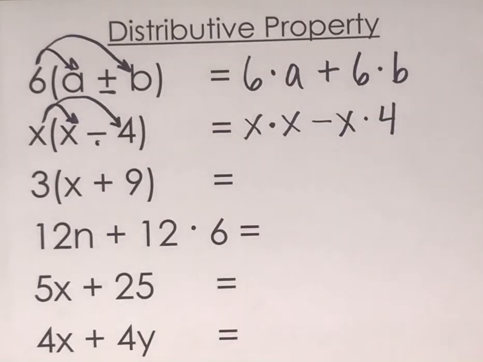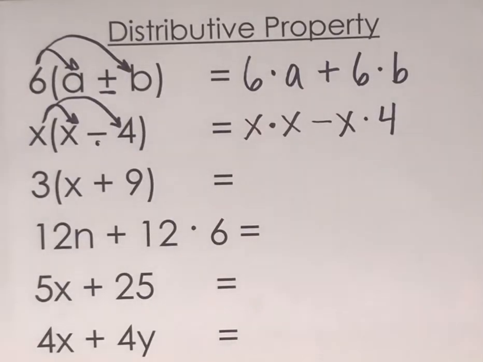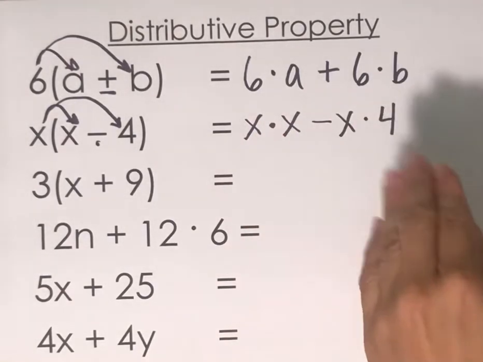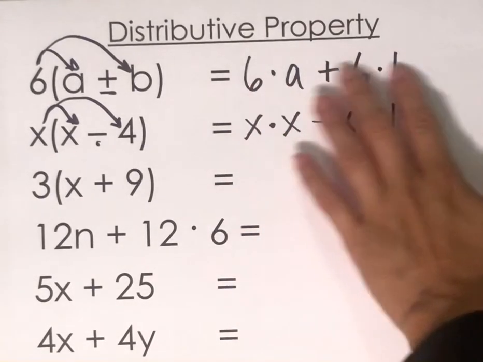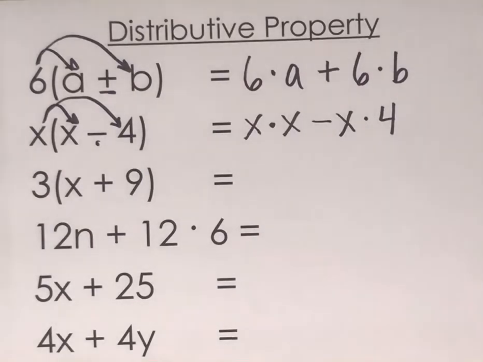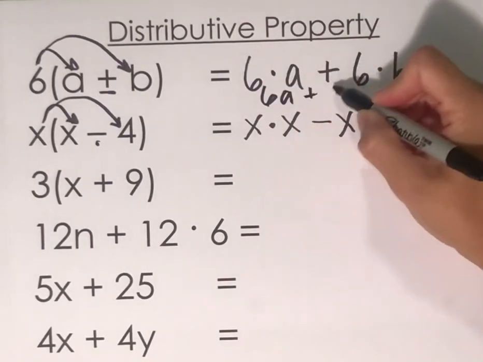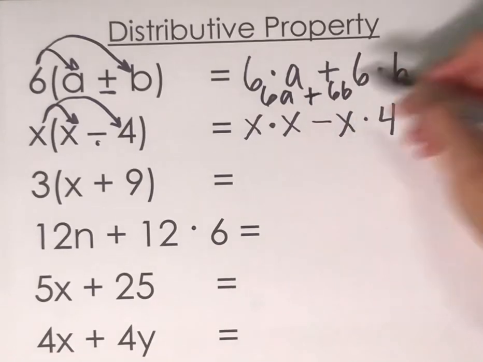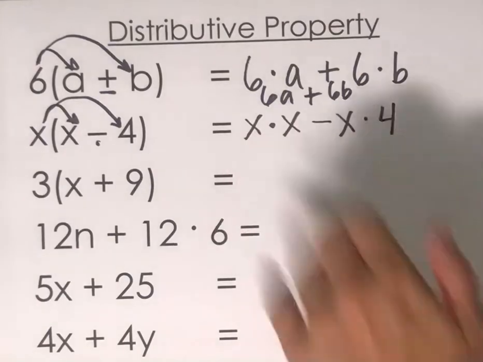Now, there's another way that we can write this to make another equivalent expression, because I can put some things together and get rid of dots. And it's really important that we try to get rid of our dots. Even in this one, we could have got rid of the dots. So like this one, we could have got rid of the dots and just said 6a plus 6b. See how I just got rid of the dots? Same thing, just no dots. Here we can do the same.